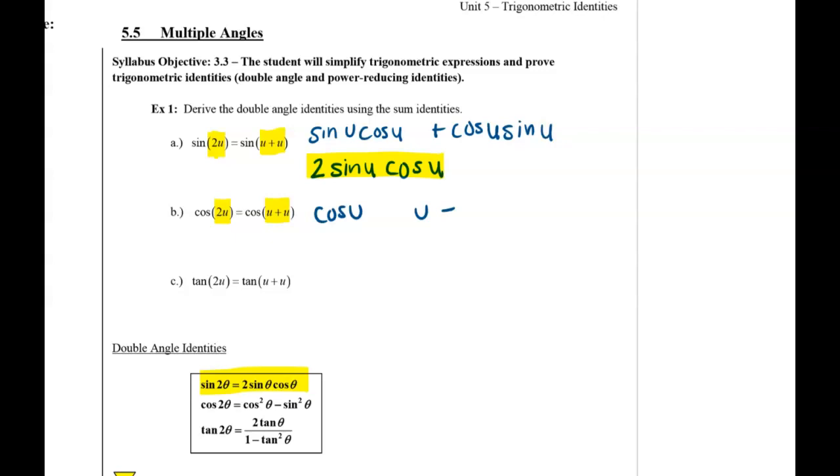Remember, those are the same for the sum identity. And then if this is a plus, this is a minus in between, and then we have sine u sine u. And since we have 2 of those cosines, that's cosine squared u subtract sine squared.